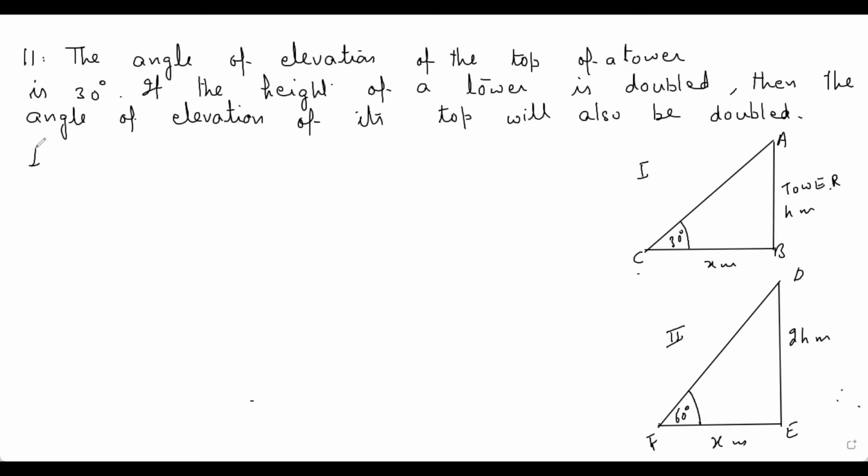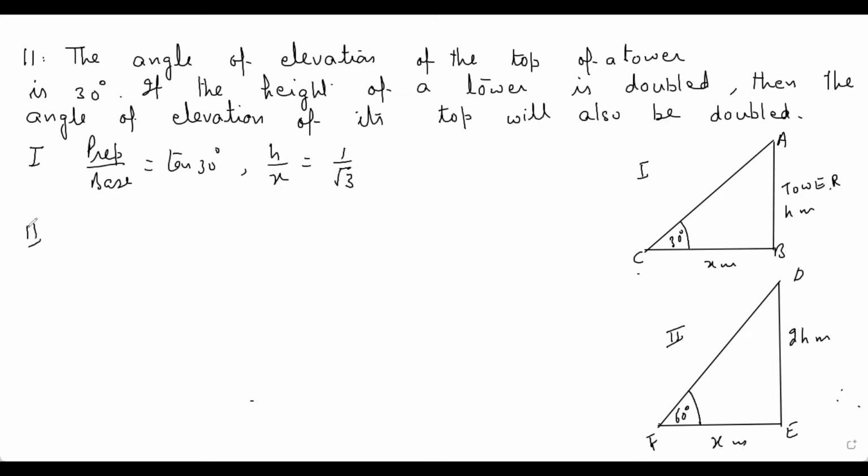In case 1, in triangle ABC, perpendicular upon base is equal to tan 30 degree. Perpendicular here is h, base here is x, and tan 30 is 1 by root 3.